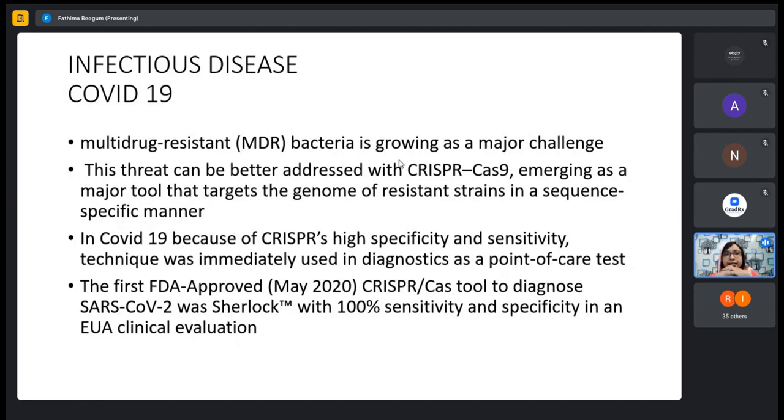The advantage is this: in the case of first generation and second generation gene editing, we need an endonuclease specific for each strand which we desire to cut or edit, corresponding to each gene we are ready to modulate. But in CRISPR, that is not needed.